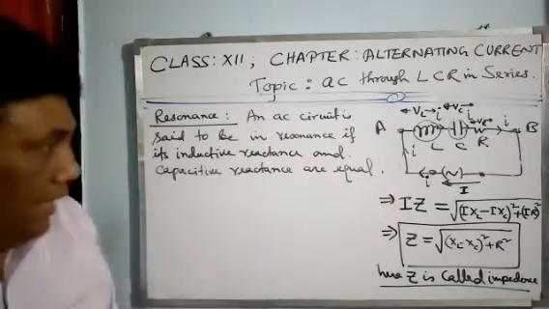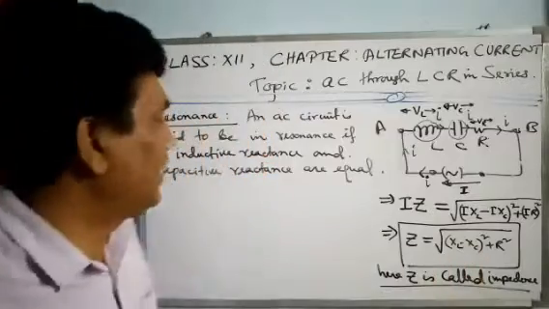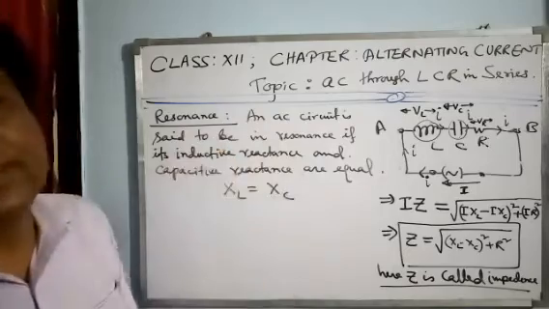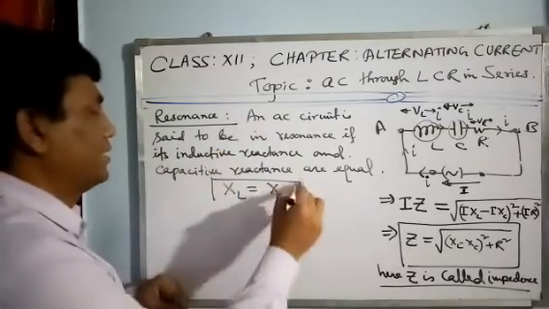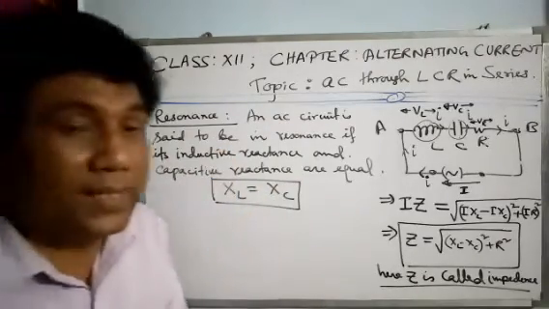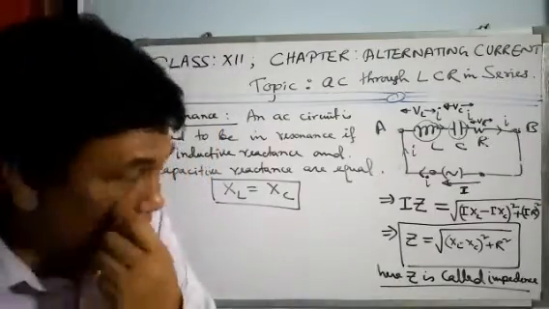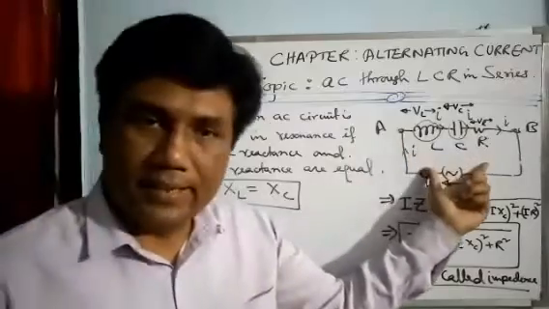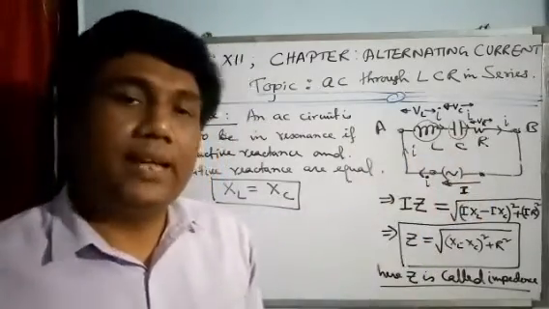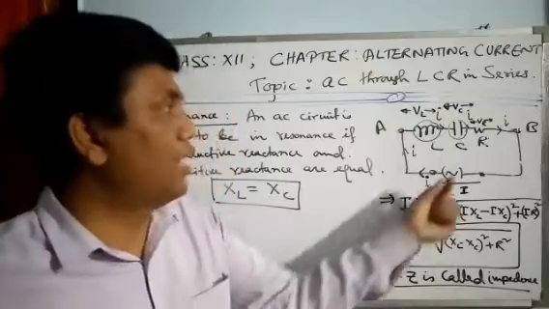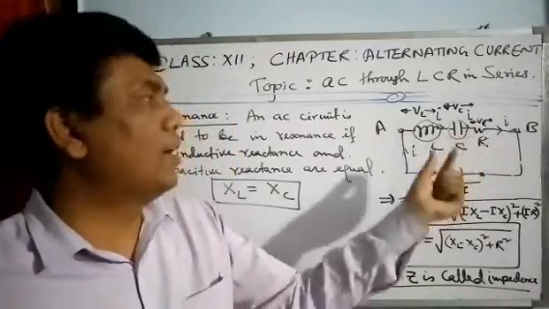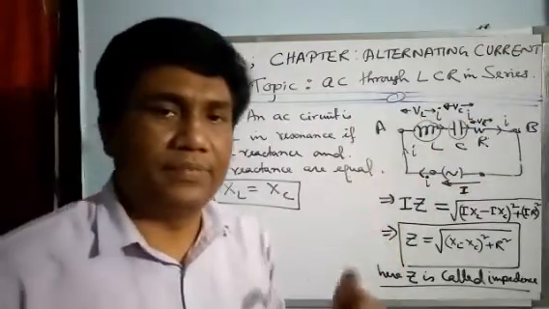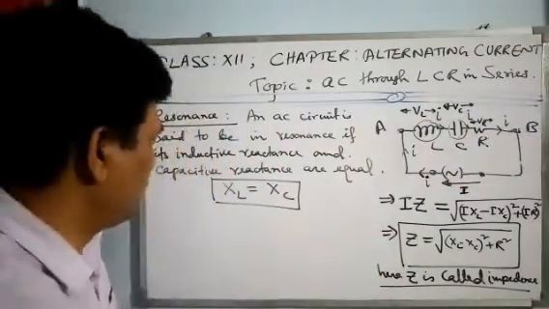See, if XL and XC are equal, then the circuit is called in resonance. Why resonance and what is the exact meaning of resonance? We will explain. Just learn this definition first. This is an AC circuit. The circuit will be said to be in resonance if the opposition offered by the inductor and the opposition offered by the capacitor are the same. If they are the same, then the circuit is said to be in resonance.